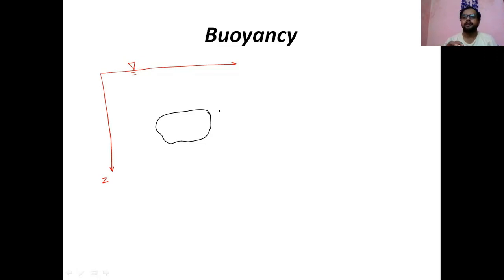Something upward is acting over it, which nullifies the weight and keeps its position. It is under equilibrium condition here. So what is that upward force? It is the buoyancy force. And what is the source of this force?